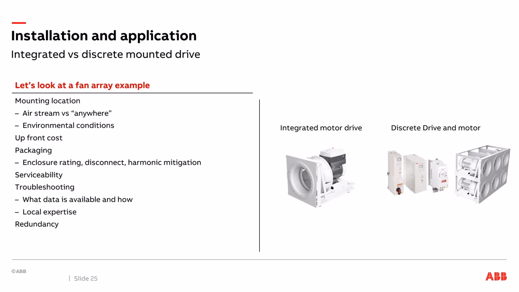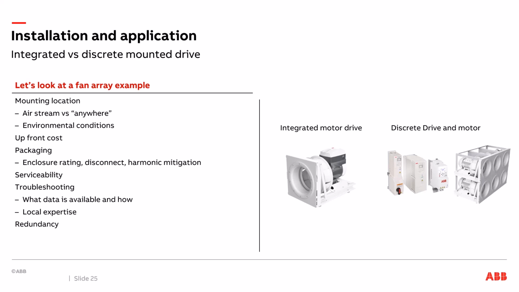When it comes to serviceability, now we take a look at, okay, what happens if there's a problem? Let's say it fails. If you're in charge of a facility, you're the facility manager, you're in charge of service, making sure that everybody's happy. Usually the folks like you are going to gravitate towards that discrete drive and motor.